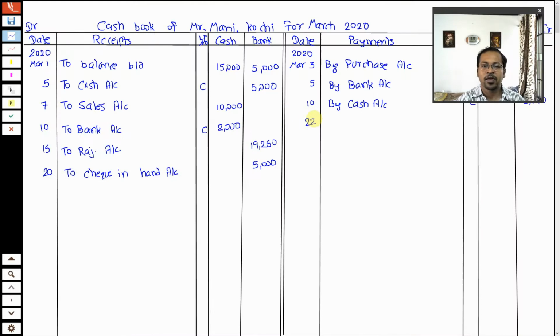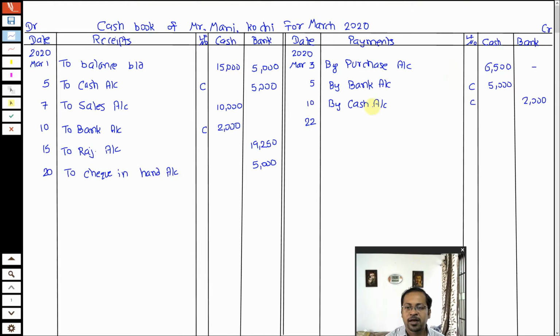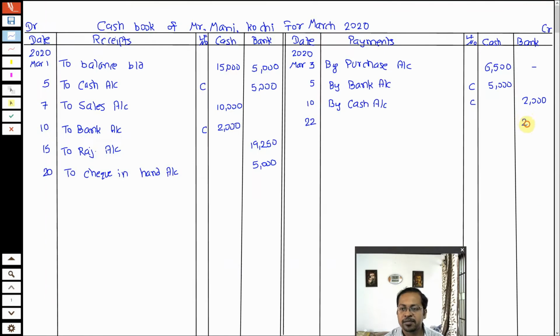So on 22, Chandra to bank 2500. So bank credit side by Chandra's account 2500.